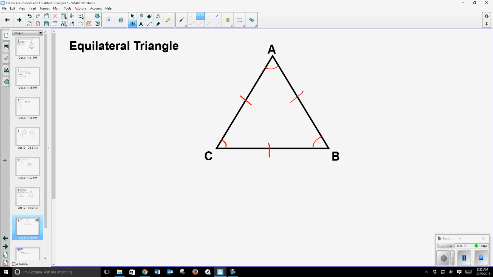You take 180 divided by 3 and you get 60. So no matter how small or how large the triangle is, in an equilateral or equiangular triangle, all three angles will be 60 degrees, always. On a problem that has an equilateral triangle, you're not going to be told the angle measures because you're supposed to know that.